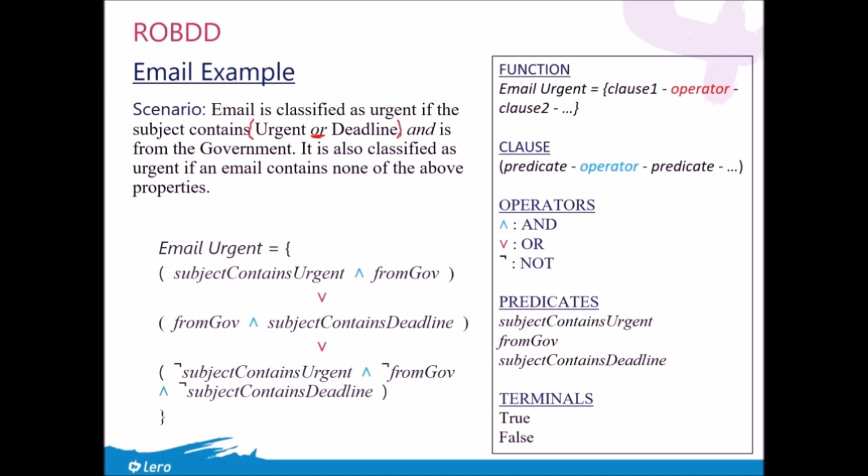And is from government, so we found another operator, and is from government. Predicates are urgent, deadline, and from government. So we mark these down here. Subject contains urgent, it's from the government, and subject contains deadline.